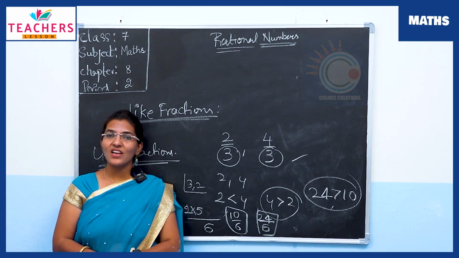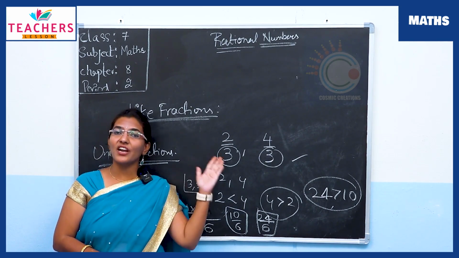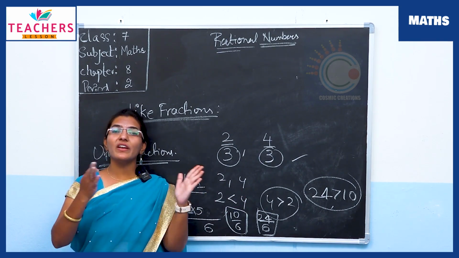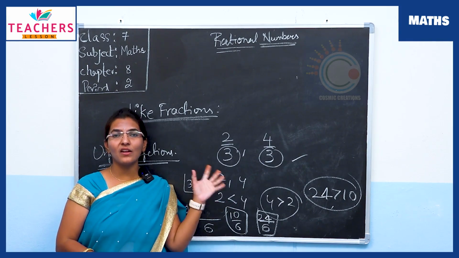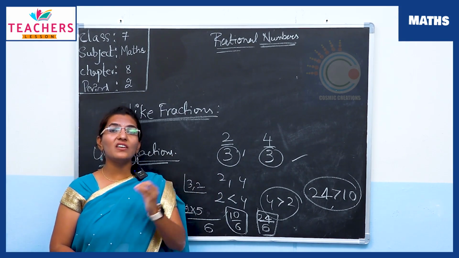Okay, clear, right? So these are nothing but like and unlike fractions. You might have studied in your previous classes, but as a recap, I have explained here. These fractions are used mainly in rational numbers.